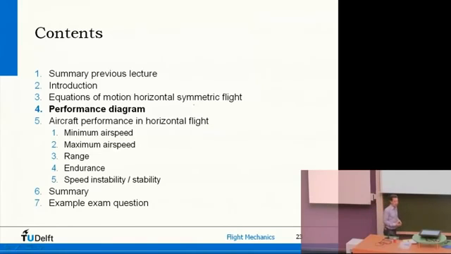And that diagram will help you to solve basically all the performance questions, so minimum airspeed, up to speed, instability, range, endurance. So everything can be solved basically with a simple diagram.